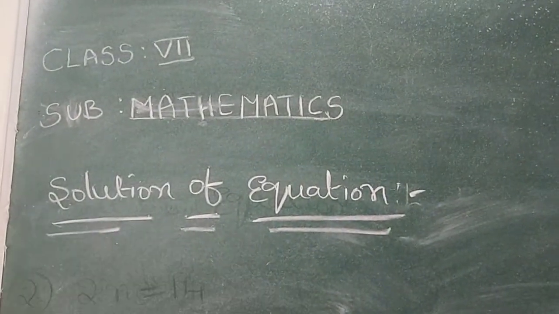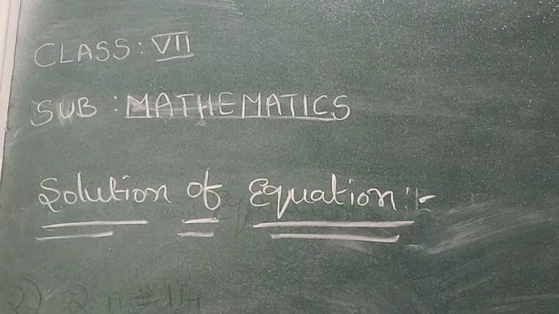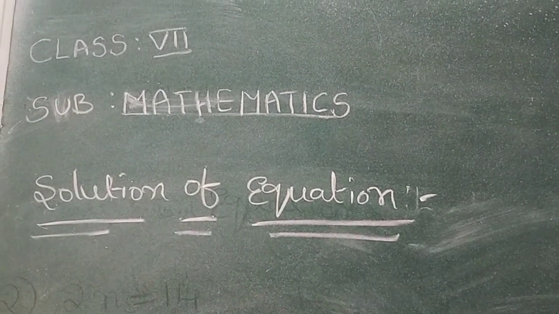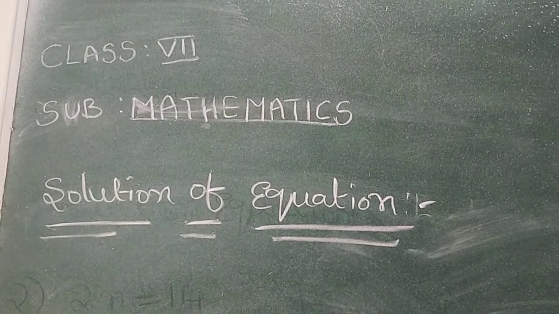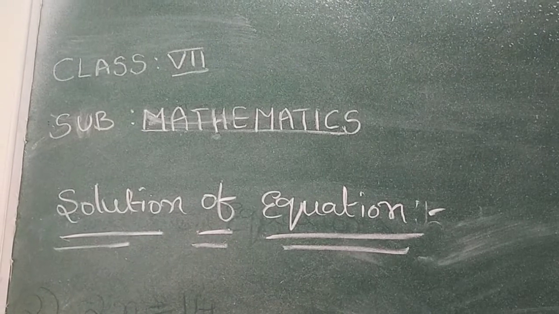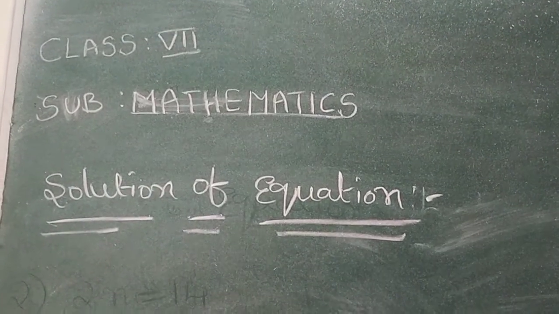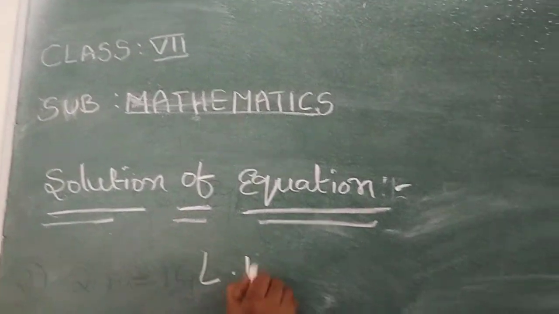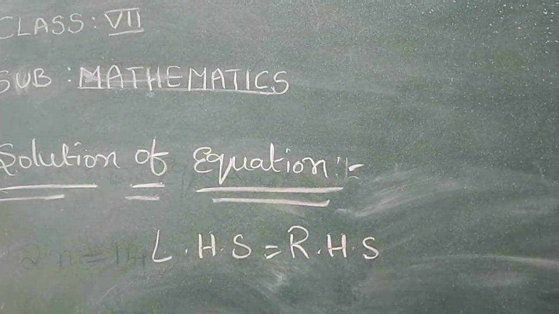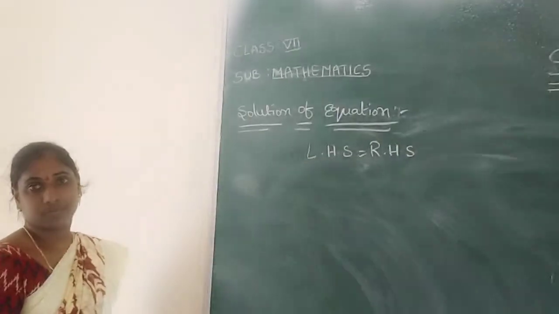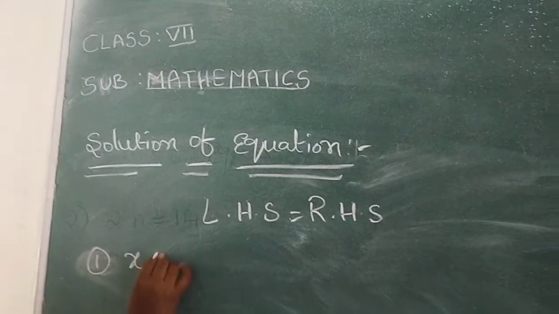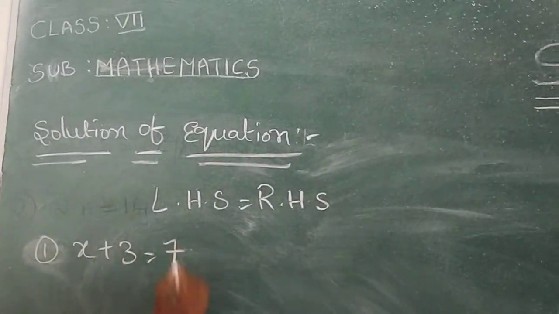Finding the solution of an equation, or solving an equation, means finding the value of the variable or unknown that satisfies the equation. That is, LHS is equal to RHS. For example, x plus 3 is equal to 7.